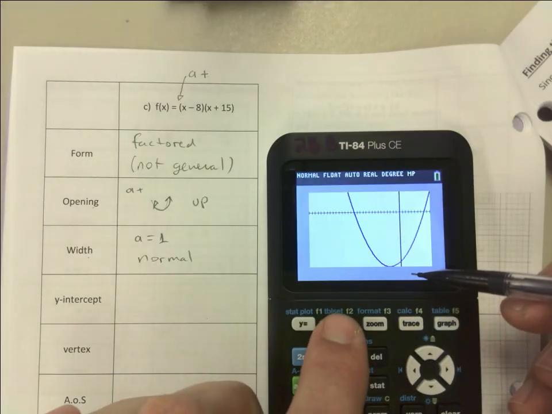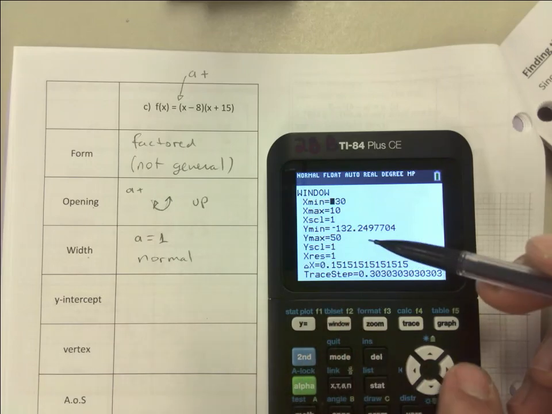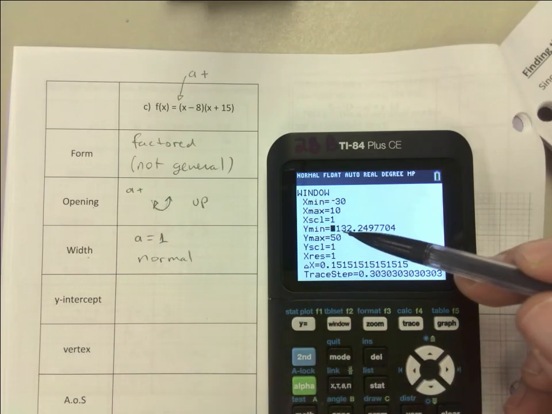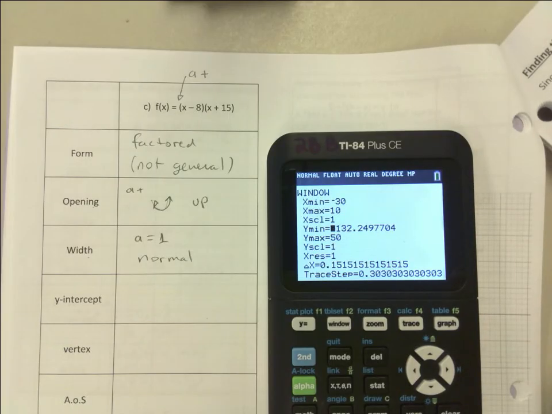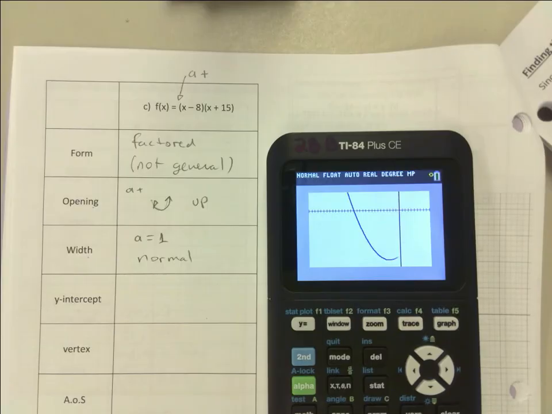So we're just going to go window and then Y min. We're going to reduce that a little bit. So I'm going to go negative 150. Hit graph again. So now this is a perfect view. You have everything there. Let's find what we're missing.